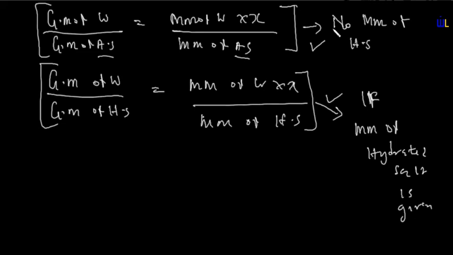So let's get to work. We'll use the formula given mass of water, which we are going to find, over given mass of anhydrous salt. Remember, we're using anhydrous salt because we don't have the molar mass of hydrated salt. You only use the hydrated salt formula if you are given the molar mass of the hydrated salt.